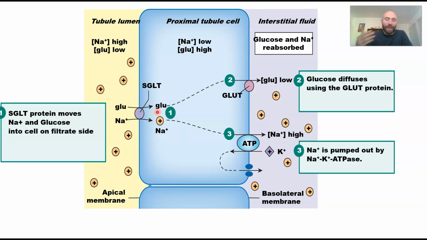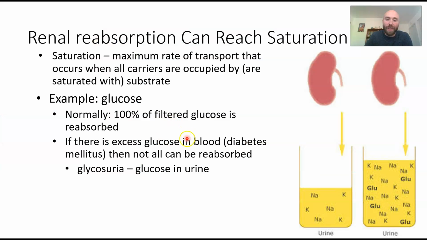That's just not something that can happen at the same rate that you've created glucose in this disease. And so basically what you now have is an excess of glucose in the filtrate, and you can't bring back all of the glucose that you distributed into the urine. That means that your urine is now going to have some glucose in it. This is called glucosuria, glucose in the urine.